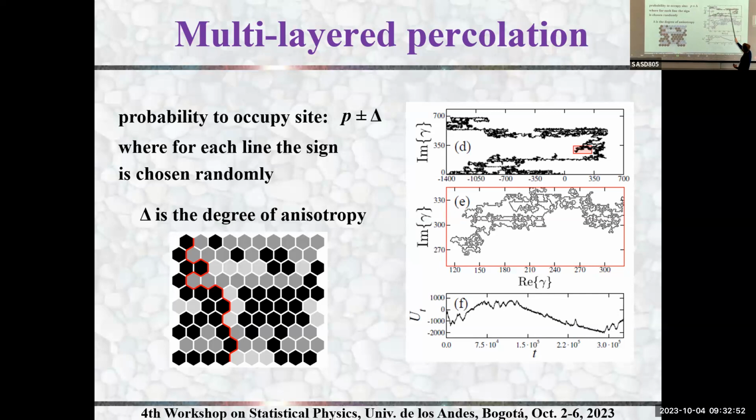There are a lot of occupied sites in the regions in which the P is large, and then there are empty regions where the P is small. This here is a zoom of that, just to see how it looks. And if one now does the direct SLE of this path, one obtains this kind of curve, and we will analyze this curve a little bit.